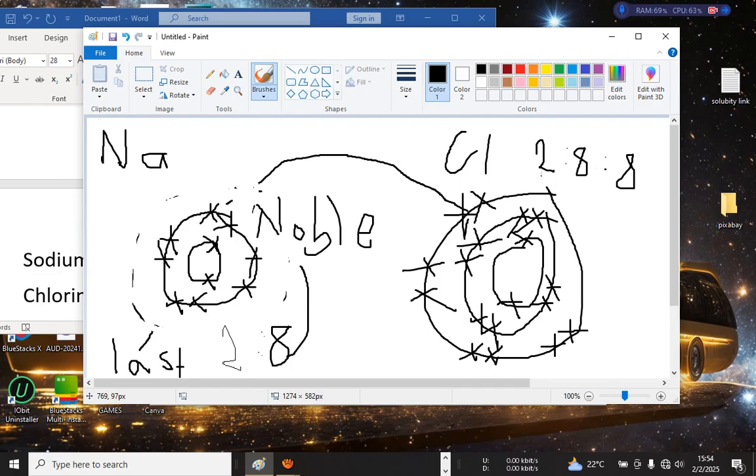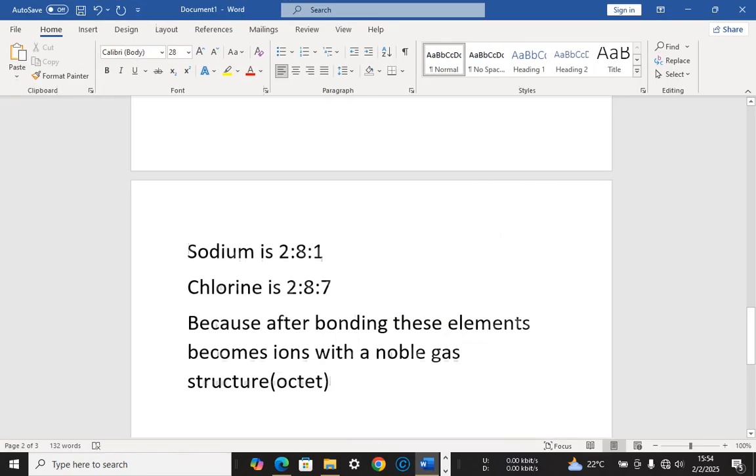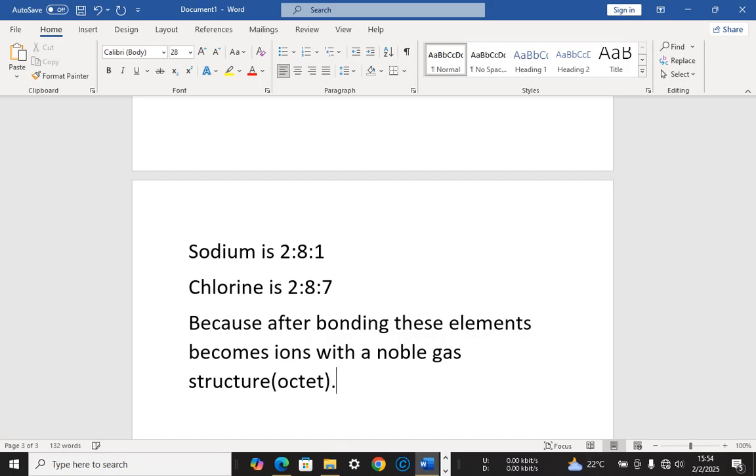So chlorine also has obtained a noble gas structure. I think now you have understood how electrons are transferred from metals to non-metals.